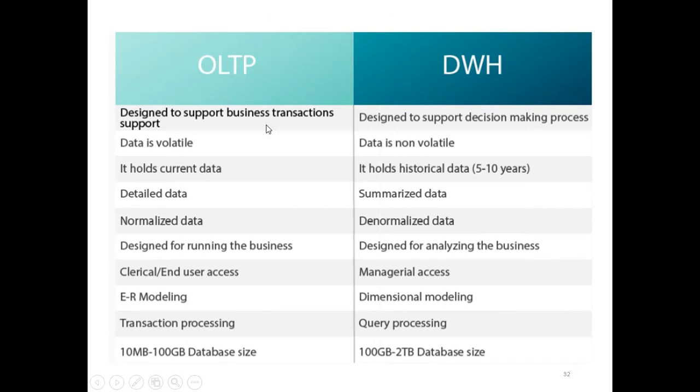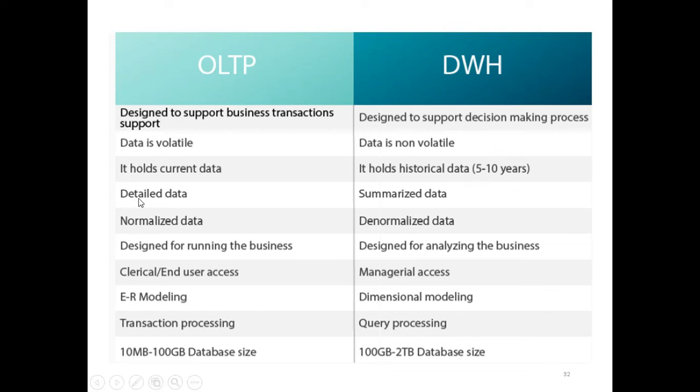Now the difference between OLTP and data warehouse. First one, OLTP is designed to support business transactions, but a data warehouse is designed to support the decision making process. In OLTP, data is volatile, that is it can be removed. But in a data warehouse, it is not volatile. OLTP holds the current data, but a data warehouse holds the historical data, that is 5 to 10 years.